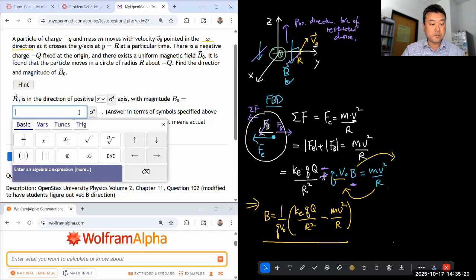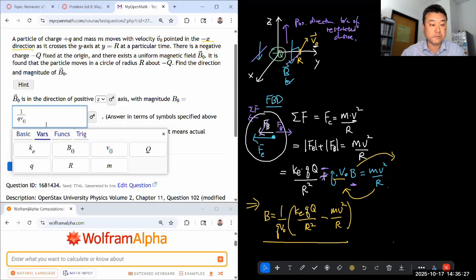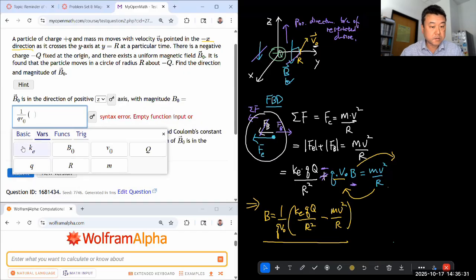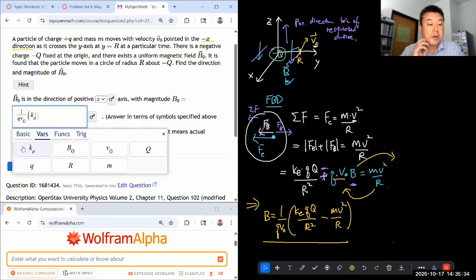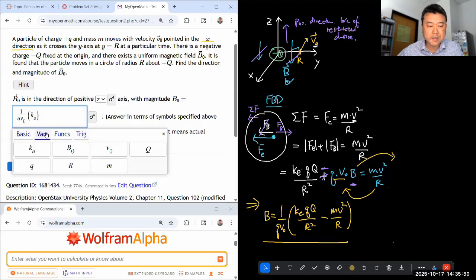So let's see, 1 over Q V naught, and I can use the vars menu to make sure I have the correct symbols that the question will recognize. That times the Coulomb constant. Oh, I forgot to allow the use of the permittivity of free space. I might say something in the question about using it, but I think it's fine. Yeah, use Coulomb constant or permittivity of free space. People should know how to use both.